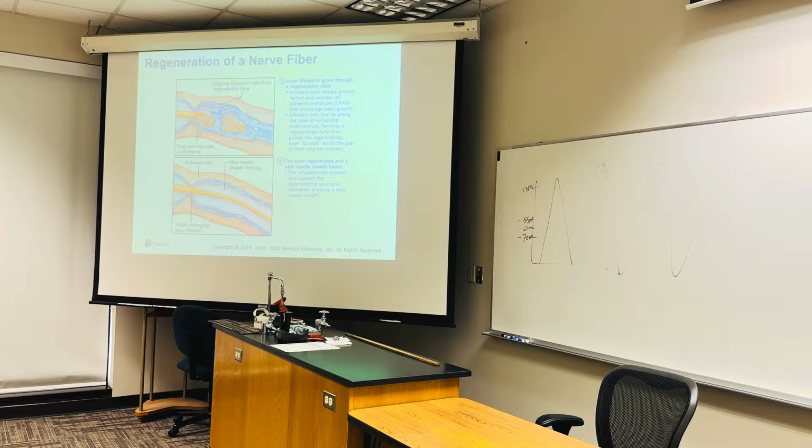Schwann cells line up along the tube of remaining endoneurium, forming a regeneration tube that guides the regenerating axon sprouts across the gap to their original contact. The Schwann cells protect and support the regenerating axon and ultimately produce a new myelin sheath. That is only happening where? In the peripheral nervous system.